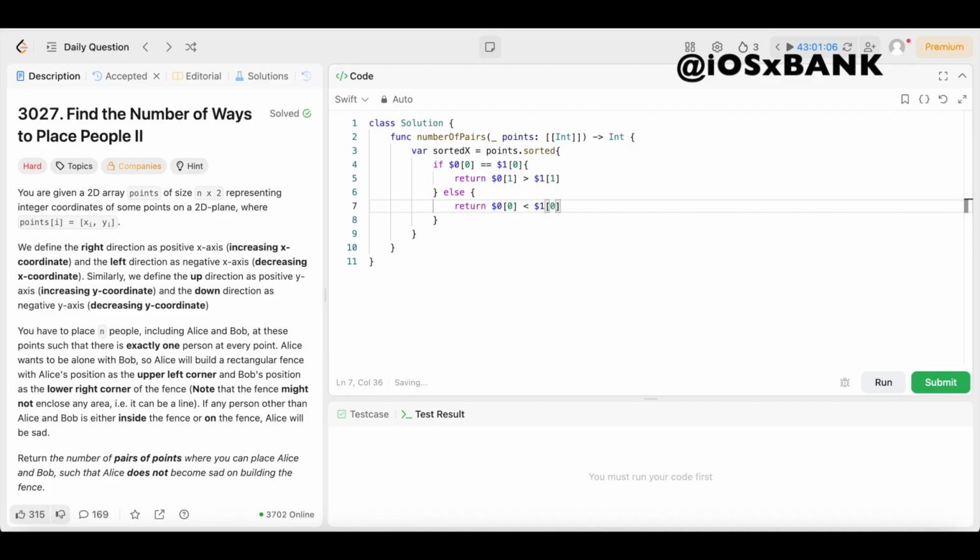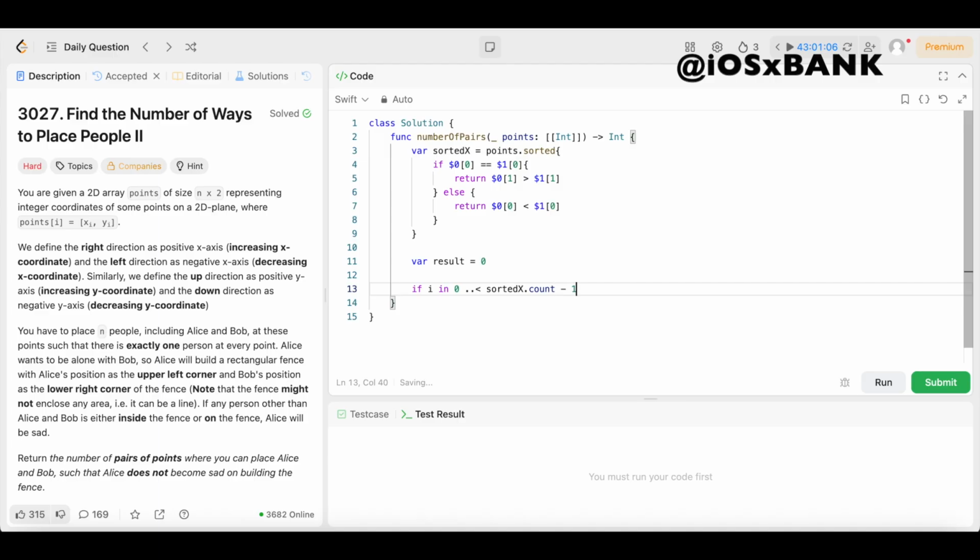Then we need to create our output, a place to store our result. So we come right here, outside of the variable, and declare another variable called result, and set that equal to 0. Then we're going to iterate over all possible left points. So we say for i in 0..<sortedX.count - 1, we open up the brackets and create a max heap to track the y values that we've seen.